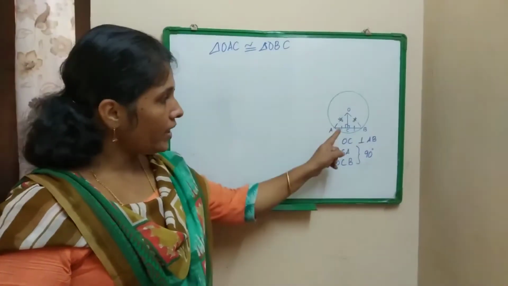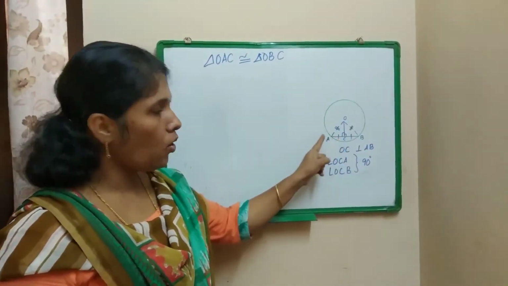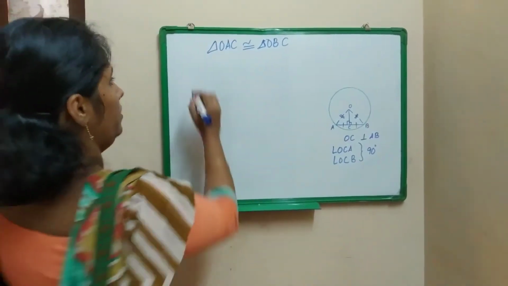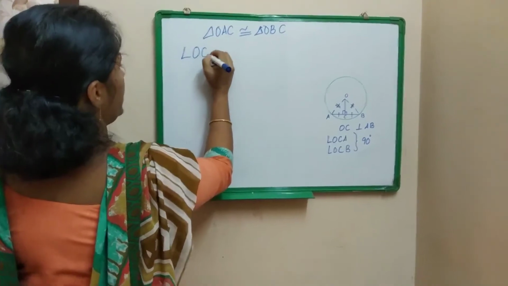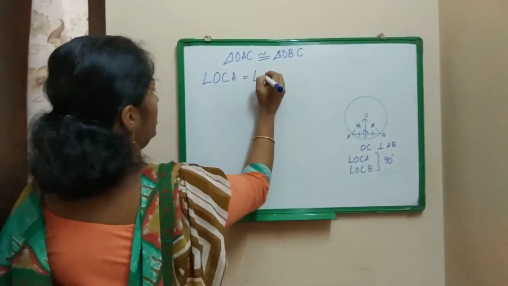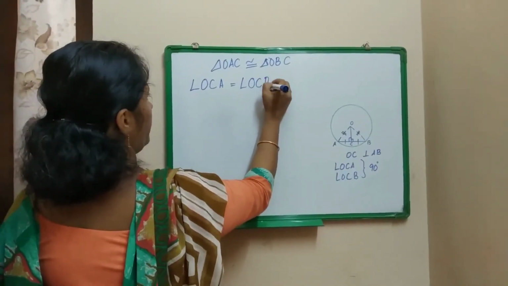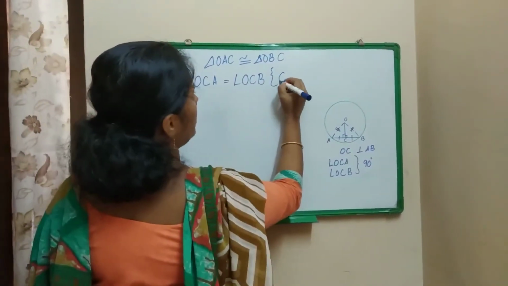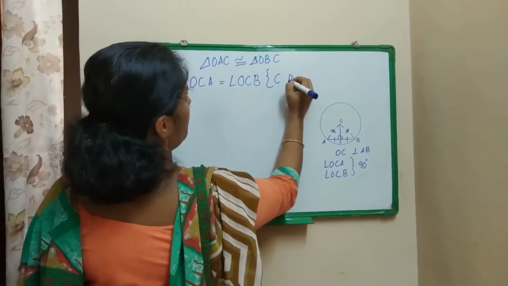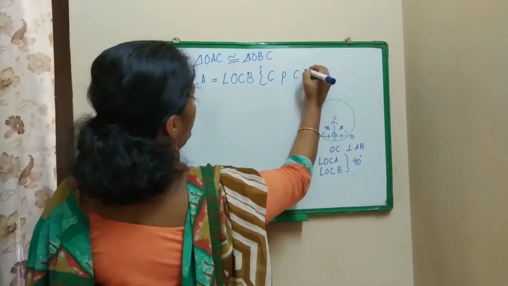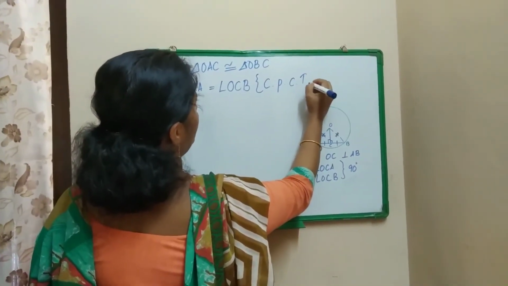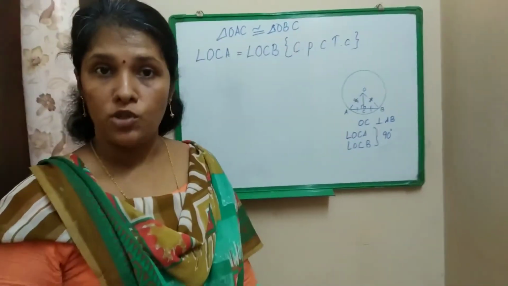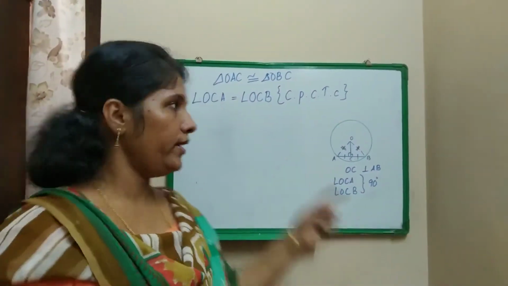So, we can write angle OCA and angle OCB are equal. Angle OCA equal to angle OCB. What's the reason? Reason is corresponding parts of congruent triangles are congruent.